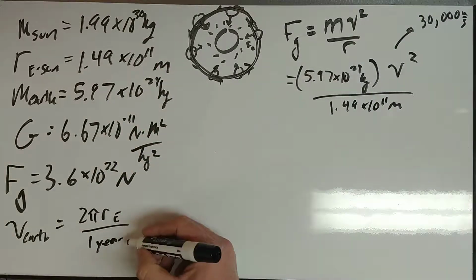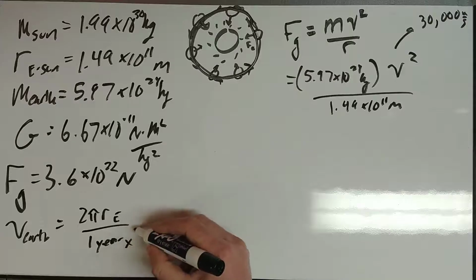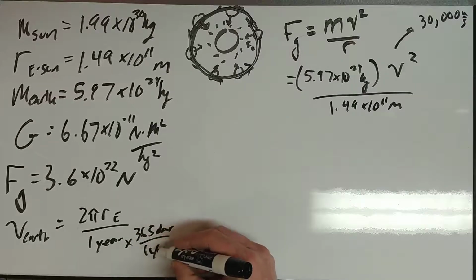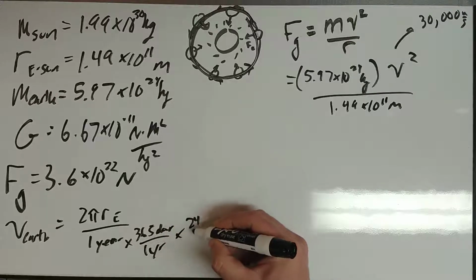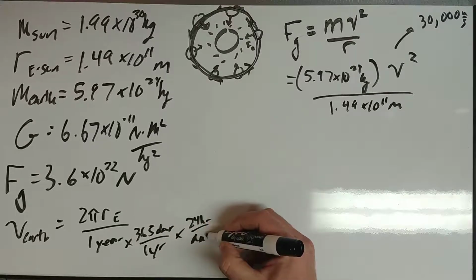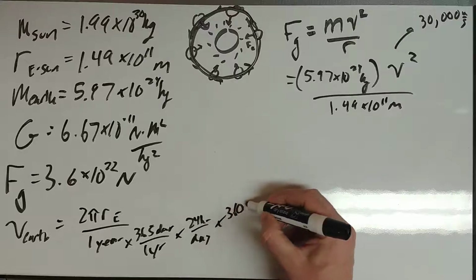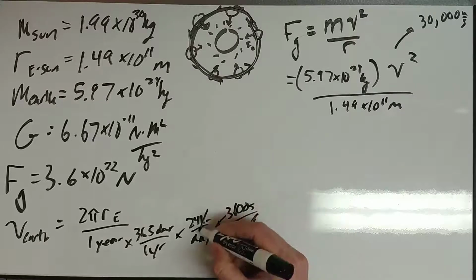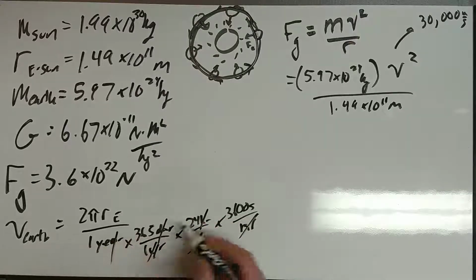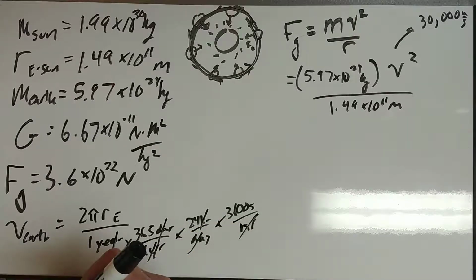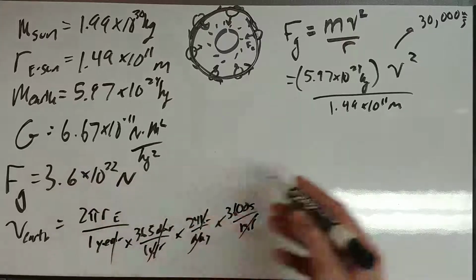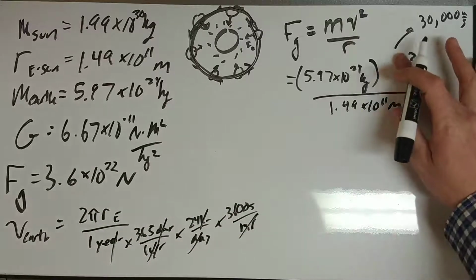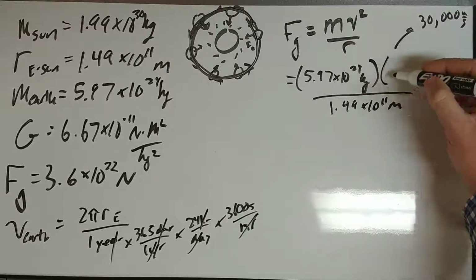The bottom, 1 year, you've got to convert to seconds: times 365 days per year, times 24 hours per day, times 3,600 seconds per hour, right? Cancels, cancels, cancels, cancels, cancels, cancels. And that gets you down to seconds, which I just plugged the whole thing into my calculator and got that 30,000. So we can go ahead and put in 30,000 there.